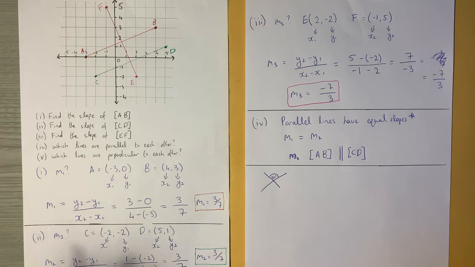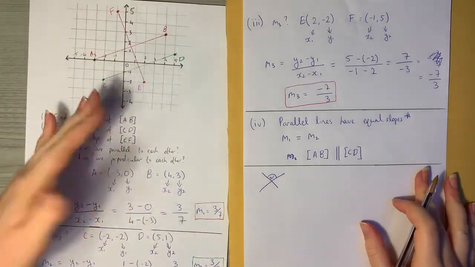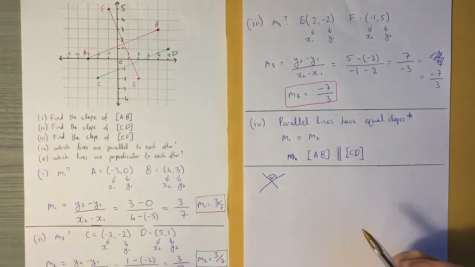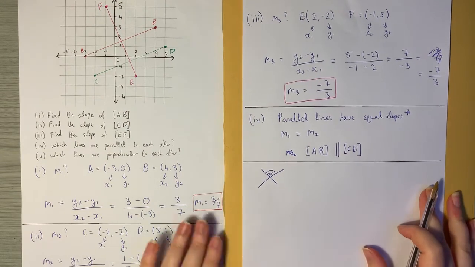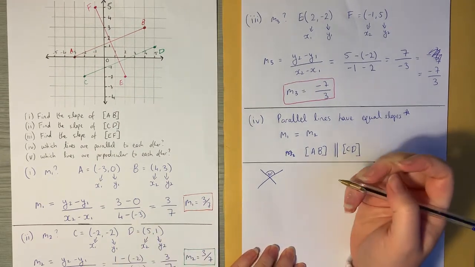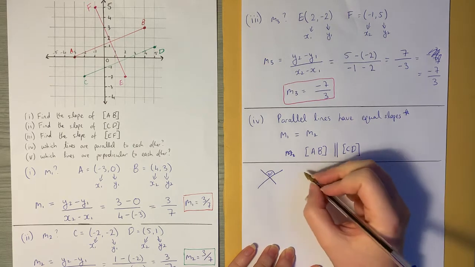But how do you show two lines are perpendicular? I mean, it looks fairly obvious from the diagram, but you have to be able to prove it mathematically. So, let me see.